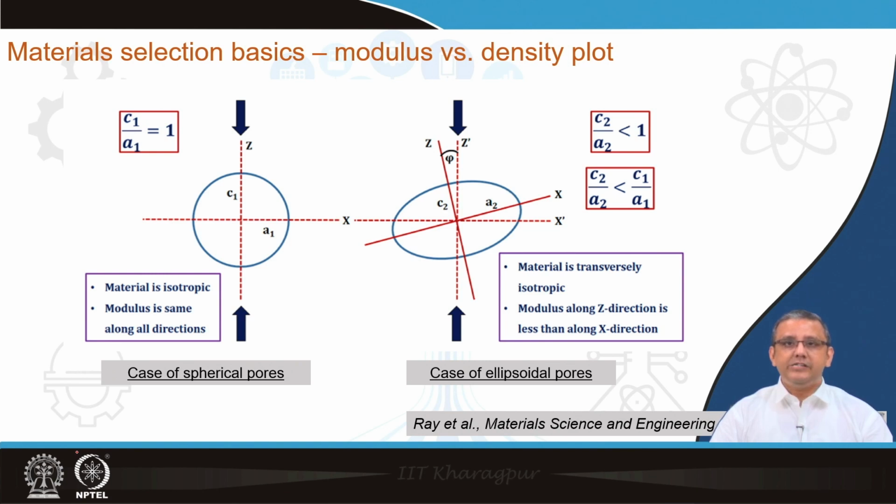The aspect ratio is no more unity. The aspect ratio will be now less than 1, and as a result of that, the porous material is no more isotropic. There will be different properties along different directions, and typically if the isotropy is only along one direction or in only one plane, you actually end up with a material which is transverse isotropic. Again, more details about this transverse isotropy and orthotropy will be discussed in the future lectures.